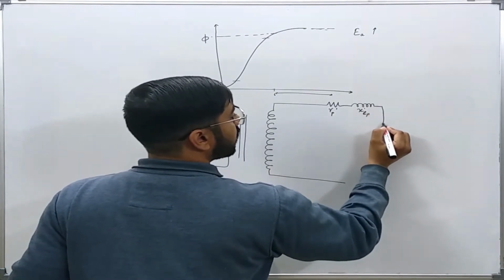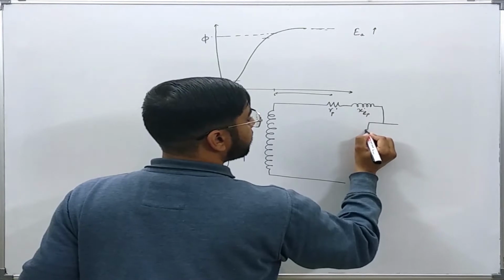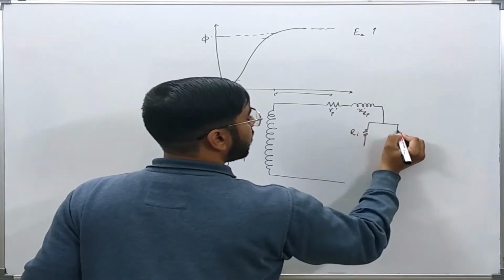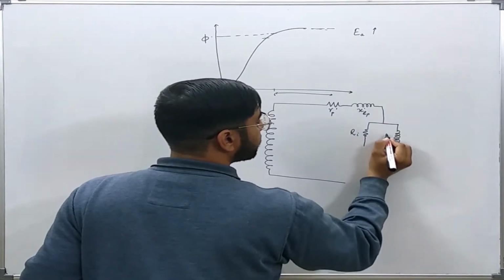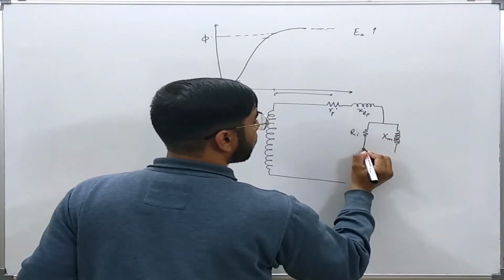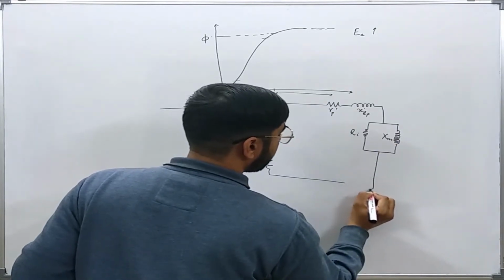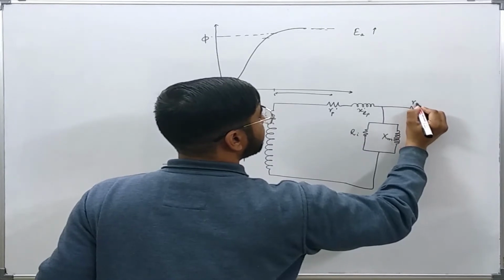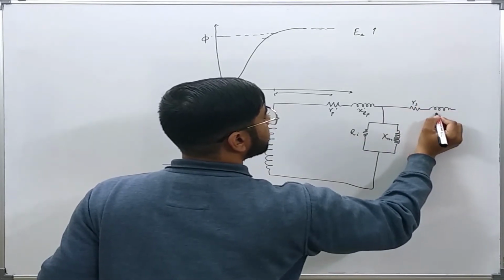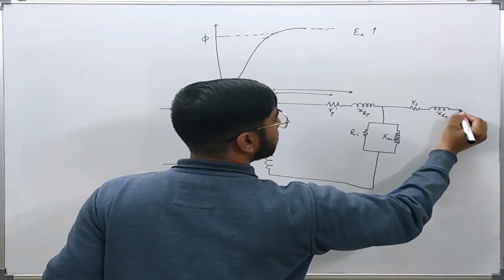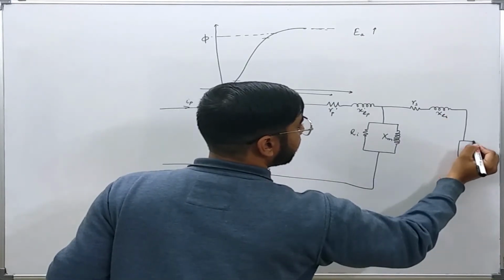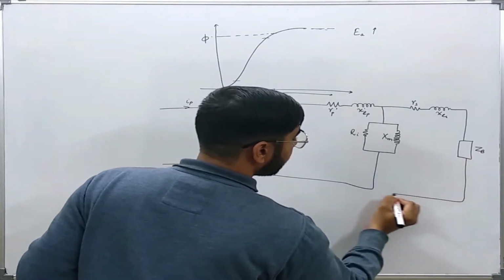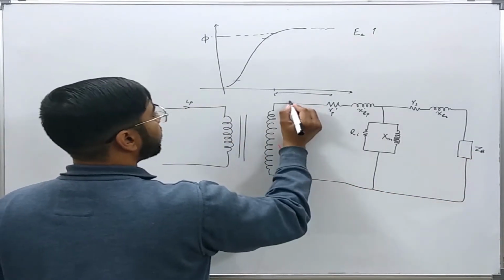Now this is the shunt branch for the core loss, and this is the excitation reactance. And here is the secondary winding resistance and secondary winding leakage reactance, and here I have connected some burden ZB.